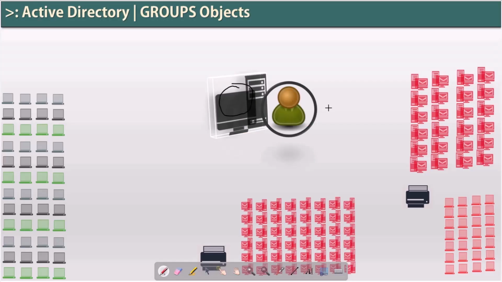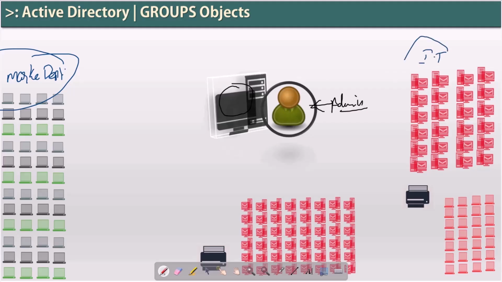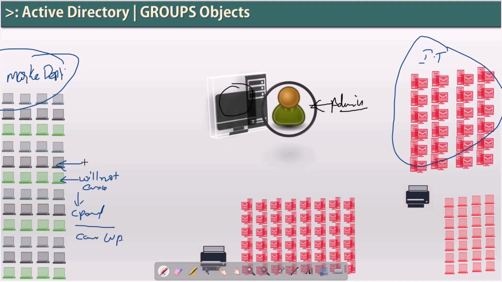Now this is a domain controller and he is the administrator, and this is a marketing department, and this is a group, and this is an IT department, and this is another group. In this group, there is a security policy or a group policy that any employee will not be able to access cPanel or change the wallpaper.